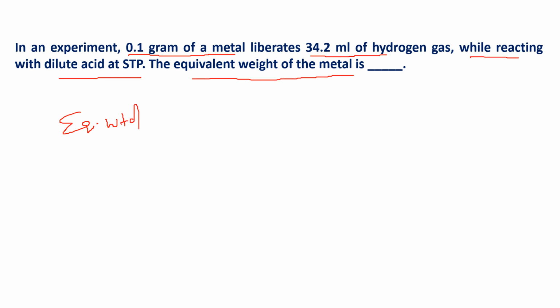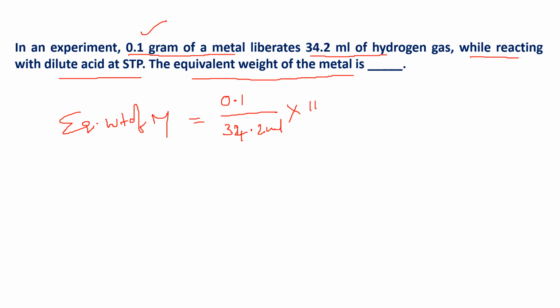Equivalent weight of metal is equal to the mass of the metal given, that is 0.1, divided by. So how much ml of hydrogen is liberated? 34.2 ml.